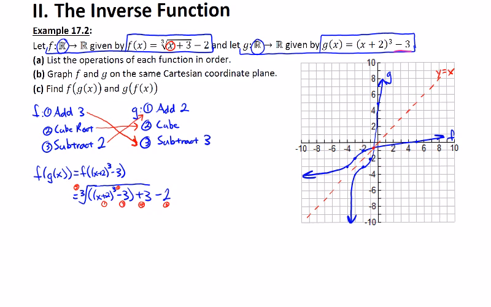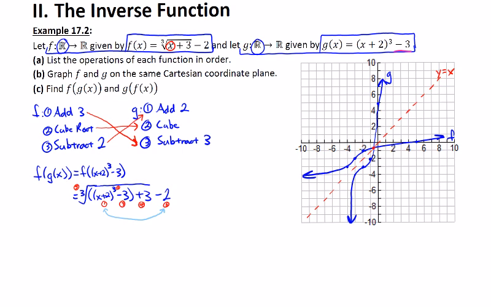So there are some inverse operations here, such as the plus 2 and the minus 2, but they are not next to each other in the order. The plus 2 is the very first step, the minus 2 is the very last step. So it's not possible to be able to cancel those operations out within the structure of this algebra.